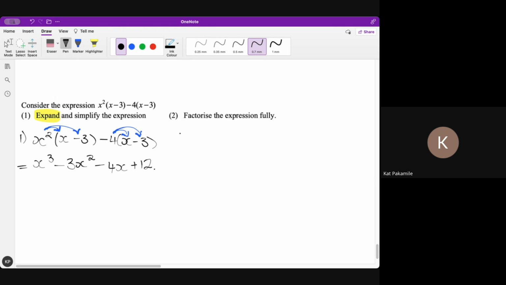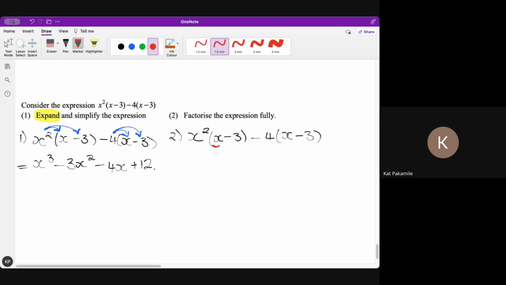Now let's see what the difference is with that and factorizing. What comes to mind with factorizing this question? It's technically already grouped, but I get what you mean. What happens after you group though? It's not a common factor, it's a common what?